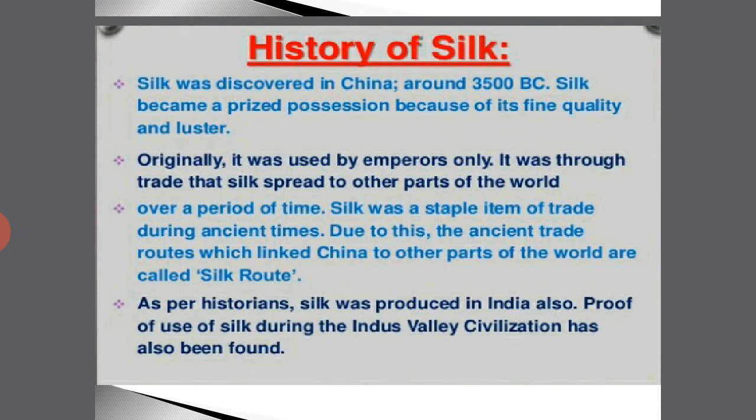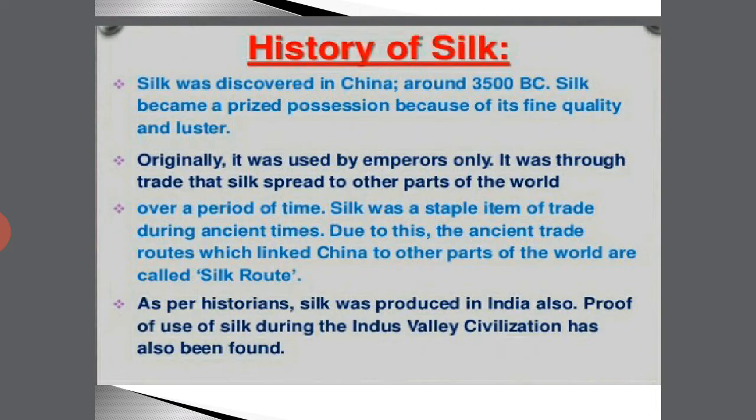History of silk. Silk was discovered in China around 3500 years ago. Silk became a prized fabric because of its fine quality and luster, meaning shine. Originally it was used only by kings or emperors, and it was also traded to other parts of the world.